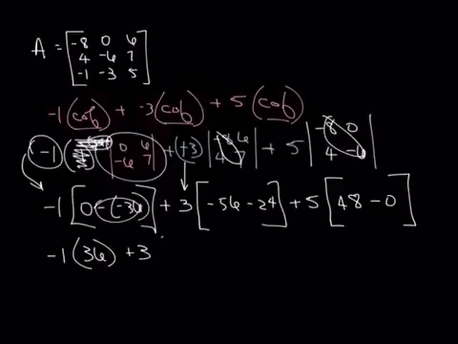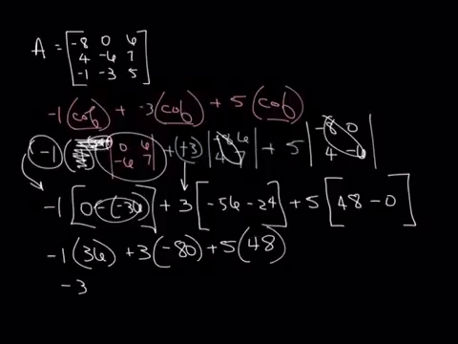Plus 3 times negative 80 plus 5 times 48. Okay, so negative 36 minus 240 plus 240. So my answer then is negative 36.